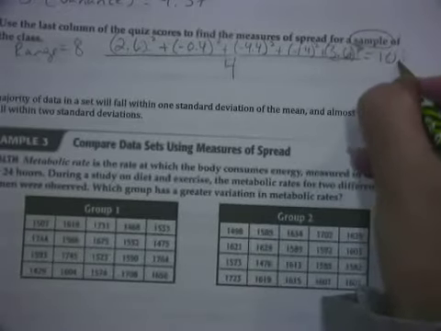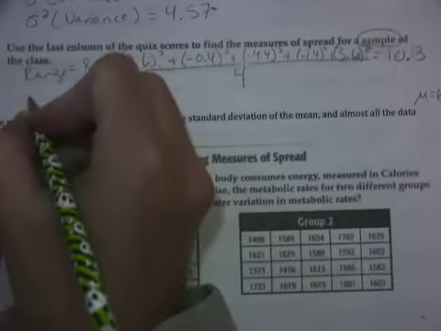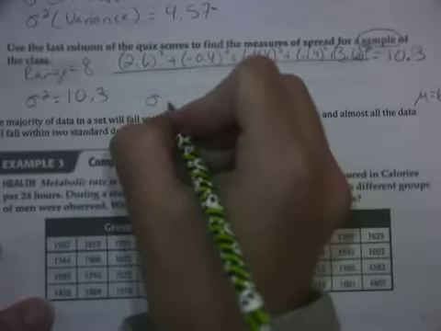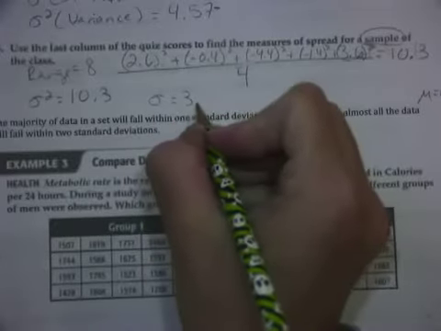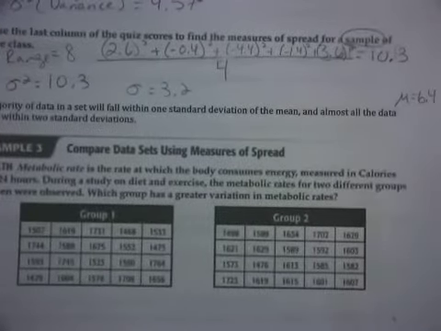And that is 10.3. So that is our variance, which means that our standard deviation is the square root of that. So take the square root of that and you get 3.2 approximately. Aren't you glad you have a scientific calculator?